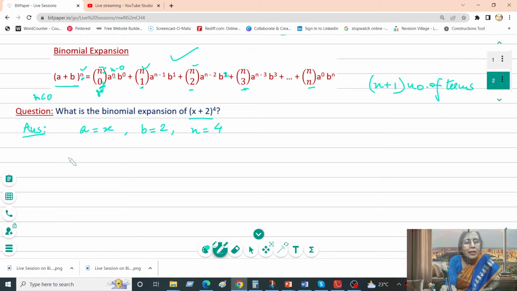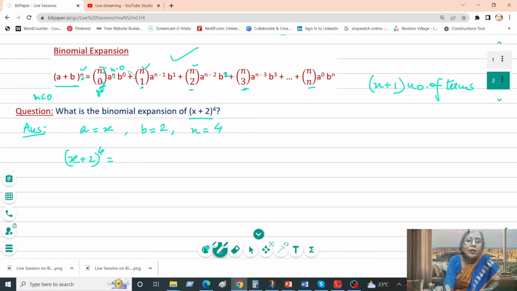So we write (x + 2) to the power of 4 is equal to nC0, and we have just now seen that nC0 is equal to 1. In our previous session also we had seen that the first term's coefficient is always equal to 1. So we are not writing the 1 explicitly.